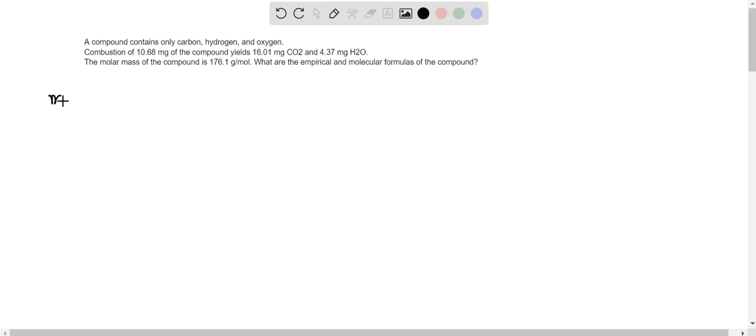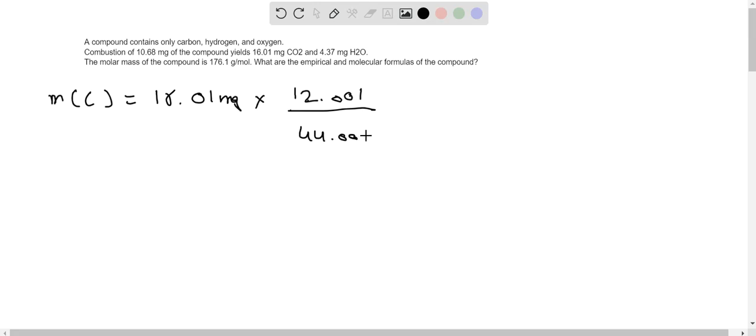So the mass of carbon is equal to the mass of CO2, which is 16.01 mg, multiplied by the atomic mass of C in CO2, which is 12.001, divided by the molar mass of CO2, which is 44.009.